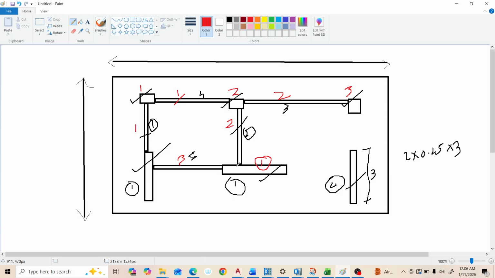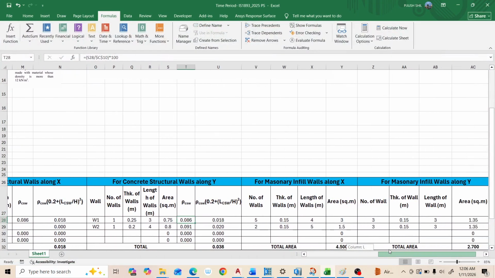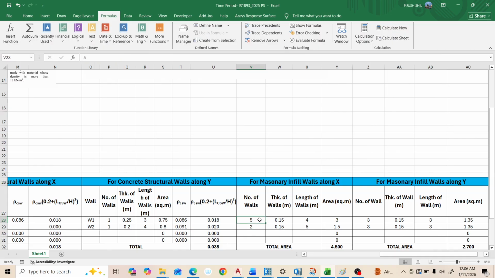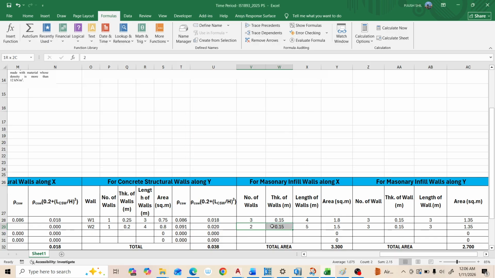So similarly, I can go for infill wall also. In X direction, number of walls, suppose three, same length, and I can write here just for understanding purpose.